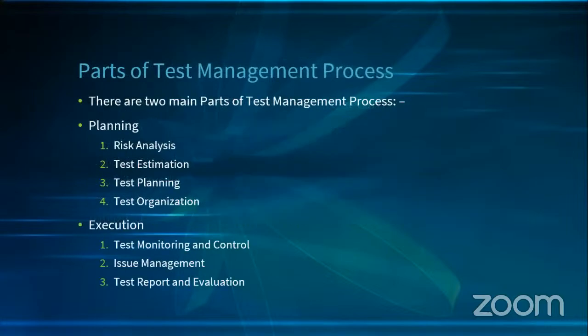So some of the parts of the test management process: we've got two main parts, planning and execution. If you can remember vividly the fundamental test process, you've got five of them: test planning and control, test analysis and design, test implementation and execution, one to three.